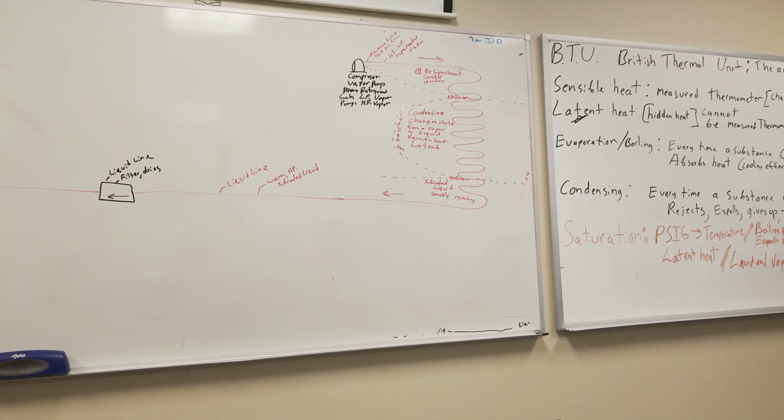Flow of refrigerant. It restricts or meters from a high pressure liquid to a low pressure mixed substance. I want to add a word. What word? Saturated. Yes, that's exactly right. A low pressure saturated mixture.